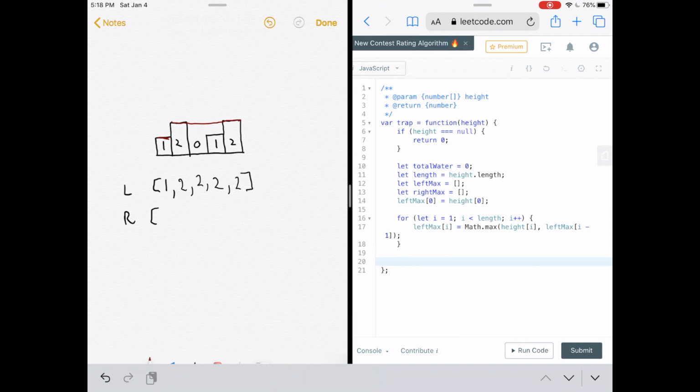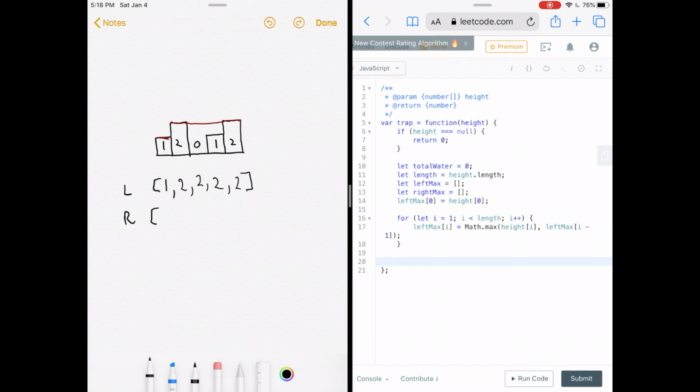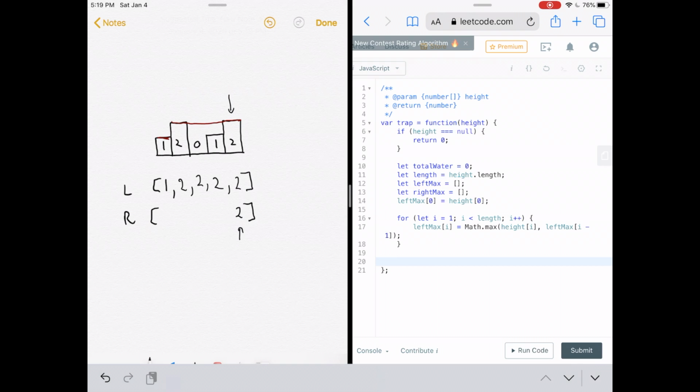All right, now we need to do the same thing, except going from right to left. So we'll set the value that's furthest to the right in the right max array equal to the furthest right value in the height array. So this will equal this. So in code, that's rightMax[length - 1] equals height[length - 1].